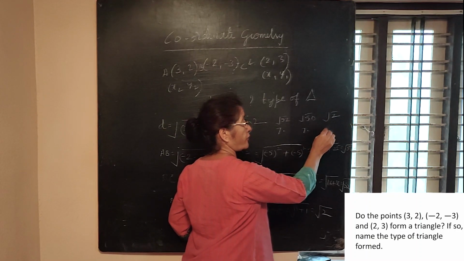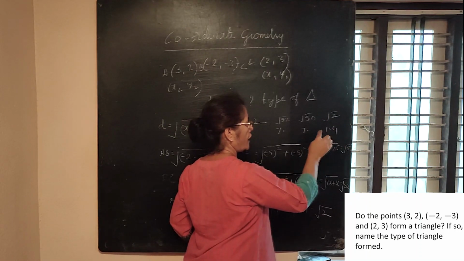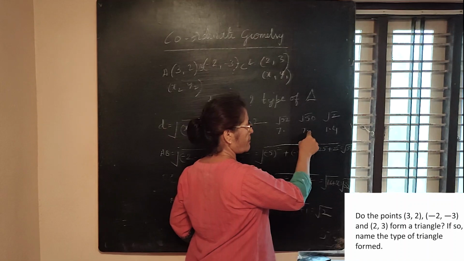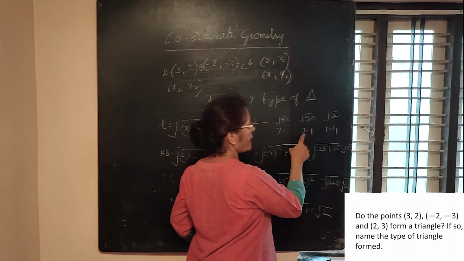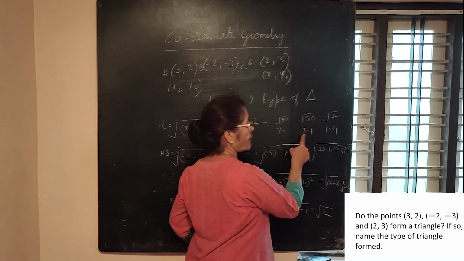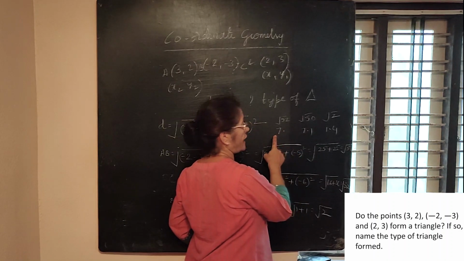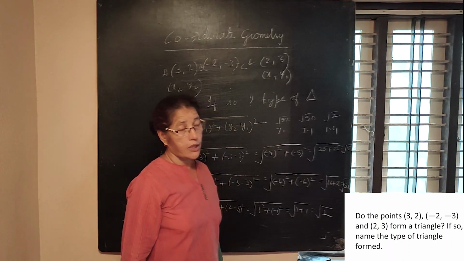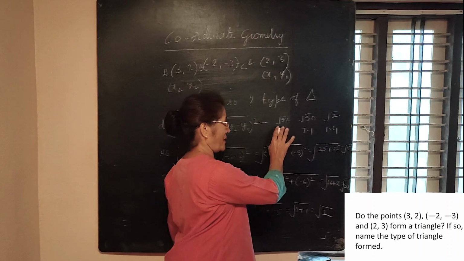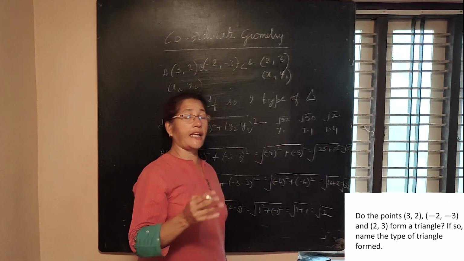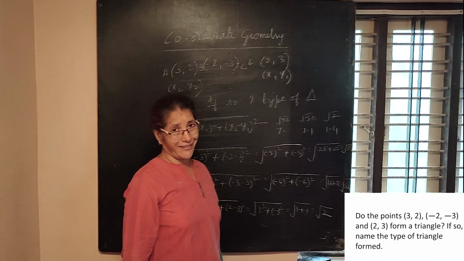But you know the square root of 2 is 1.4. You add these two: 7 point something and 1.4 will be about 8.5, definitely bigger than 7.5. So definitely we are able to form a triangle.